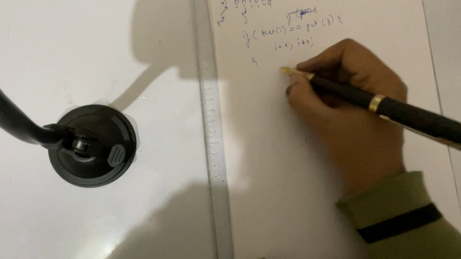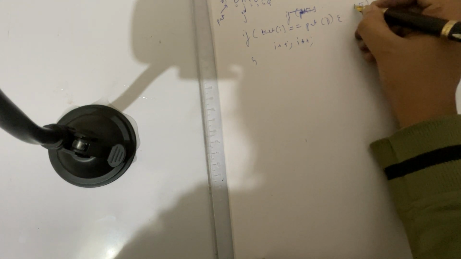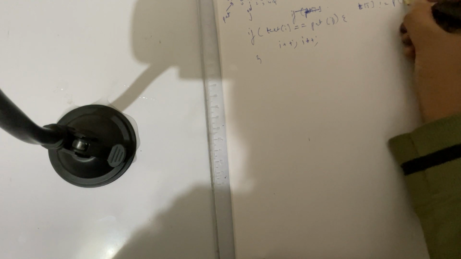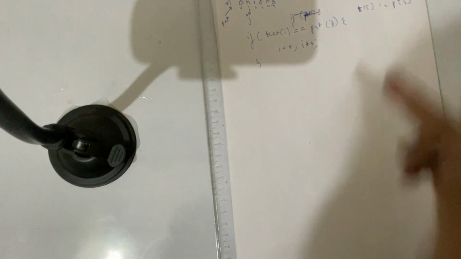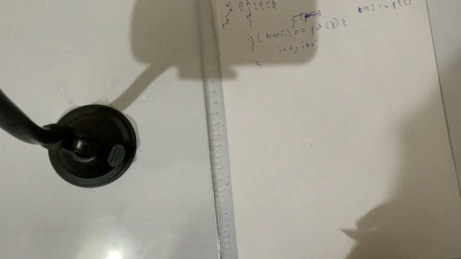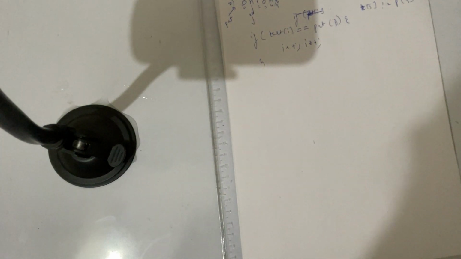So what I'm going to do: text of 5 is matching with pattern of 5. So I have to figure out what next character I can match in the previous string. I can either start from scratch, right?